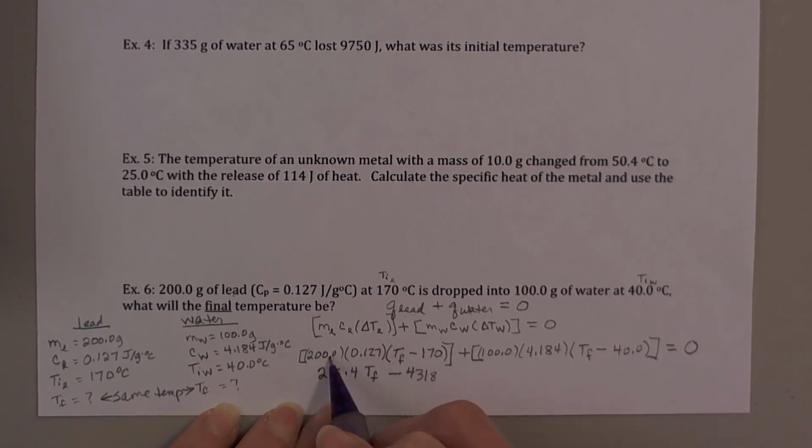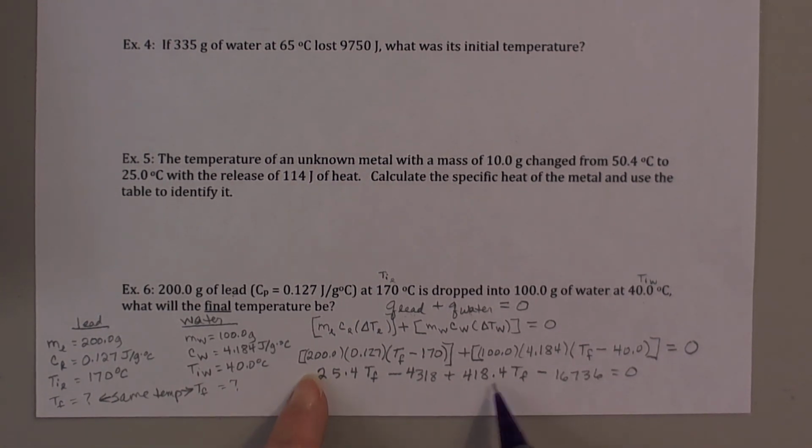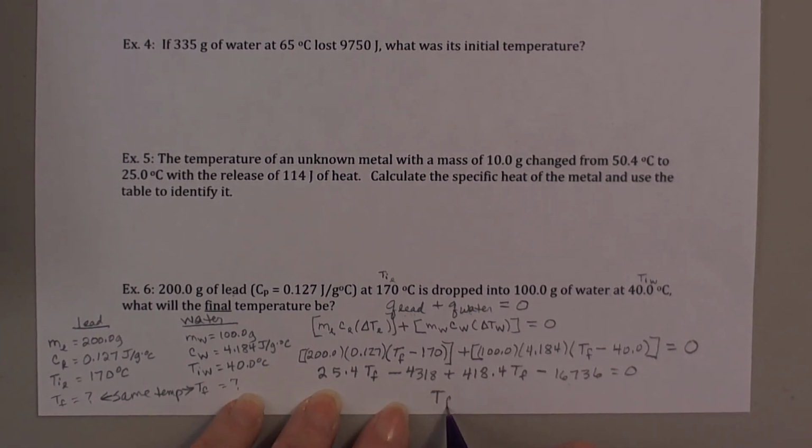So that's these two numbers times that. Now let's do 100 times 4.184. Well, that's 418.4 times T final minus 16,736 equals 0. So you combine the T finals and you combine the numbers to solve. T final is 47.4 degrees Celsius.